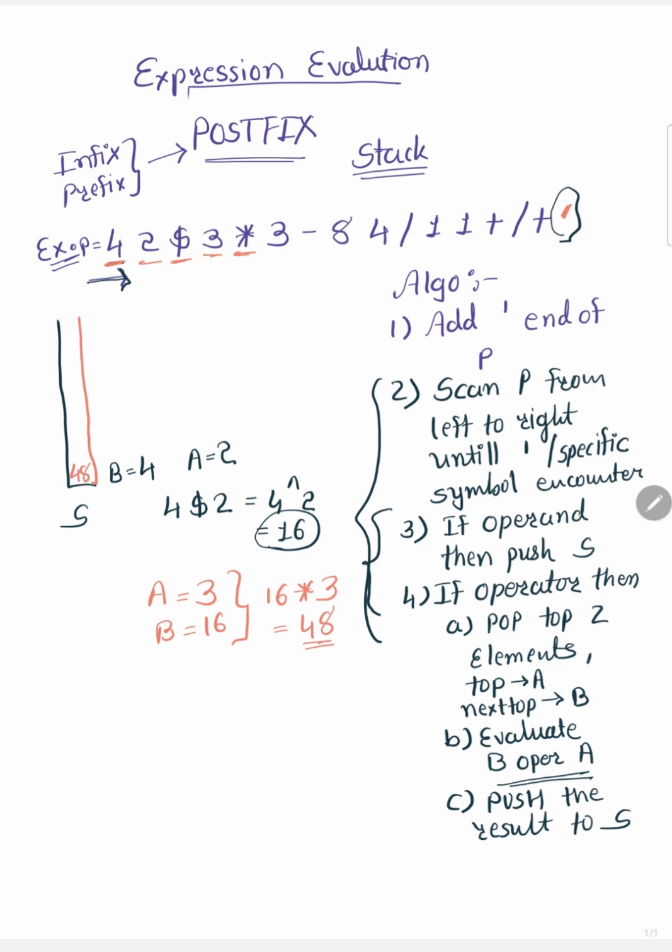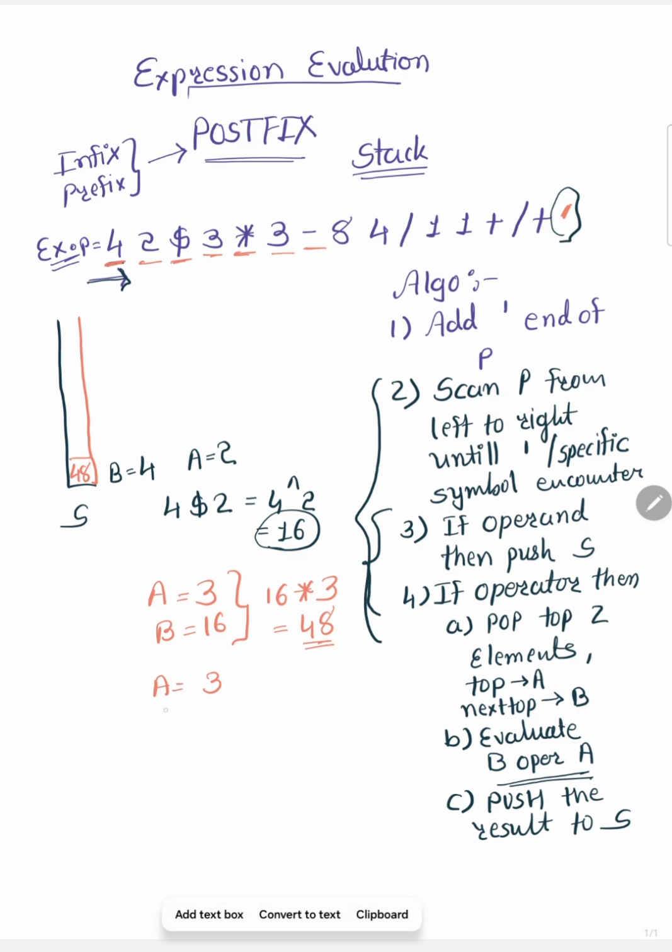Now again we'll go ahead. So I'm having this 3, again operand, so I simply push it to the stack. Then I have a minus, that is operator. Again I need to pop this out. So if I'm popping this out, that means 3, that's my A, right?